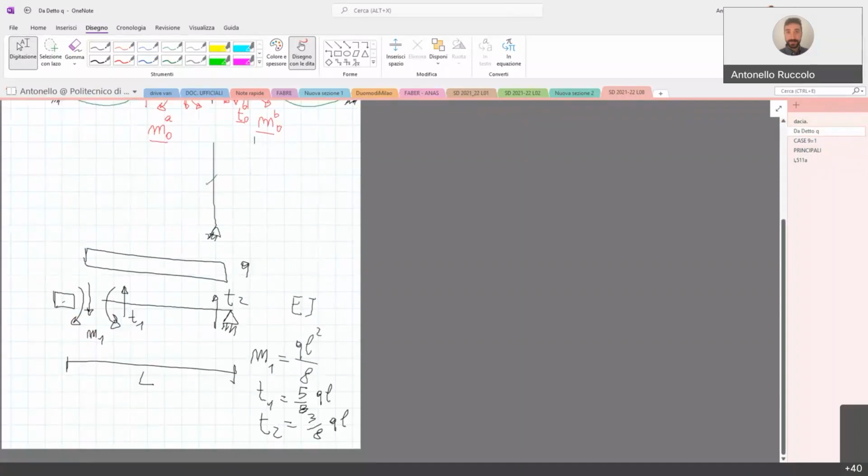If we consider the generic case that we adopted in order to find our stiffness coefficient, we had the bending moment and the shear force in both nodes. So we also add T2, this one, that is basically the vertical reaction in this beam associated to the load applied Q. Okay?